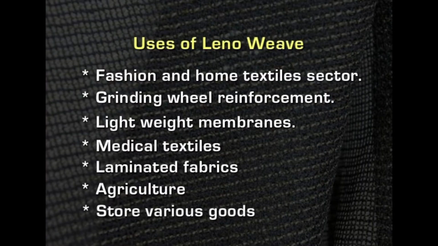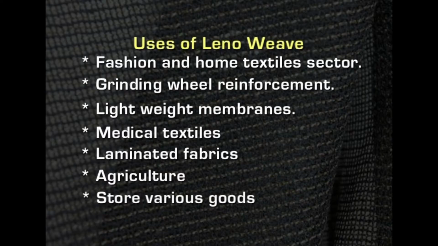Leno fabrics are also used to store various goods because of their good structural stability. Leno weave fabrics are also used as filters because of their good mesh size. It can easily filter any solution.